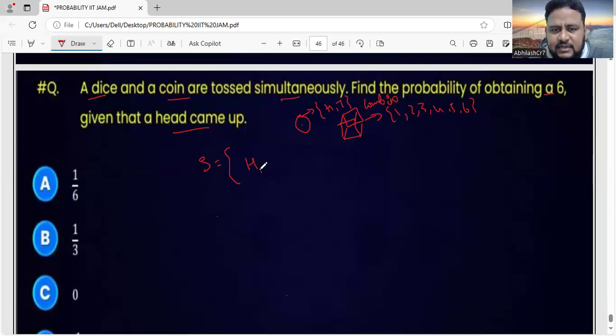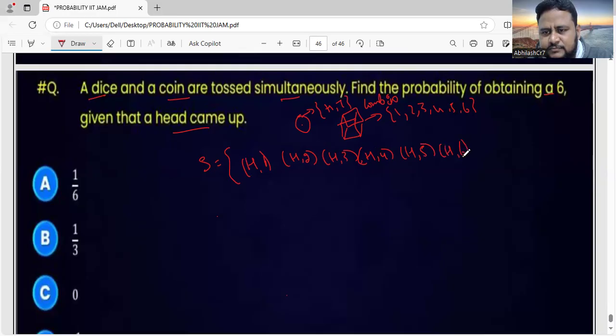So we will get head comma 1, head comma 2, head comma 3, head comma 4, head comma 5, head comma 6.